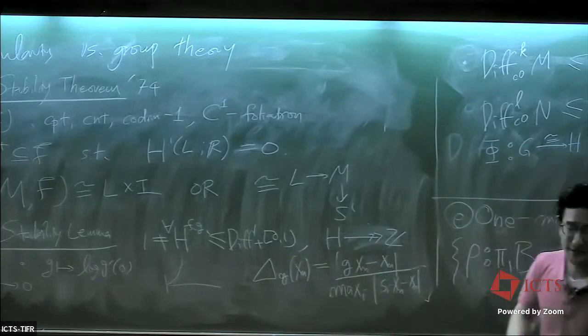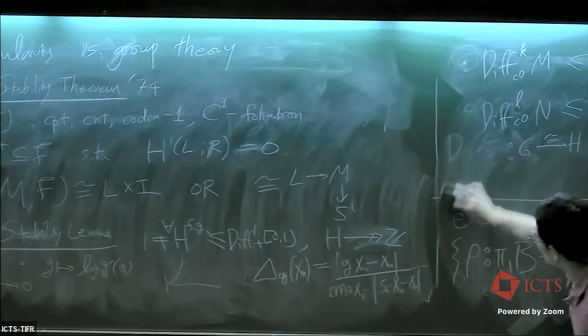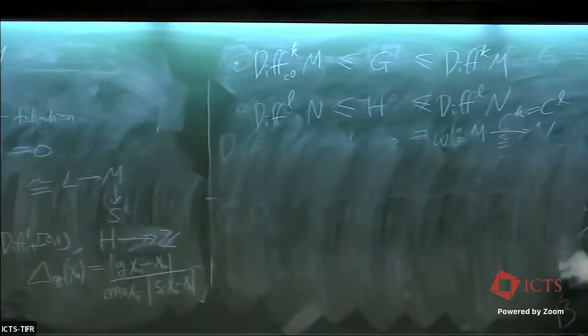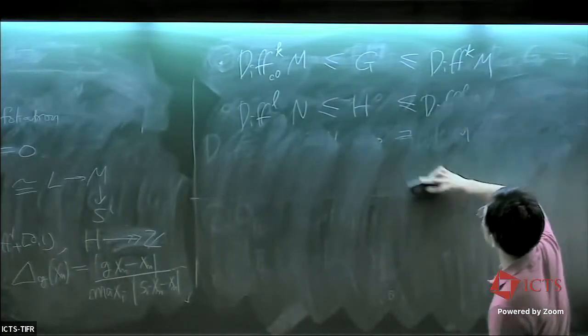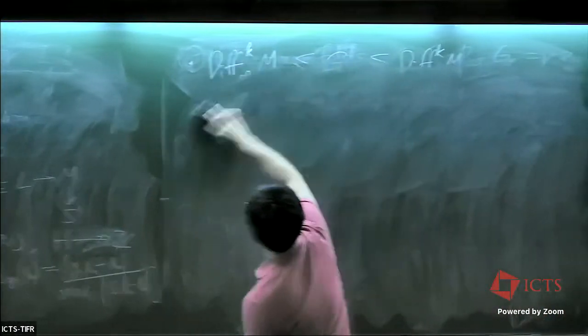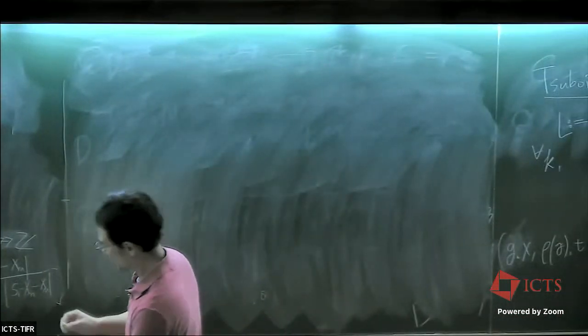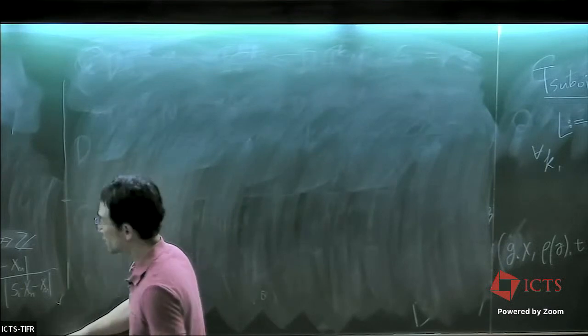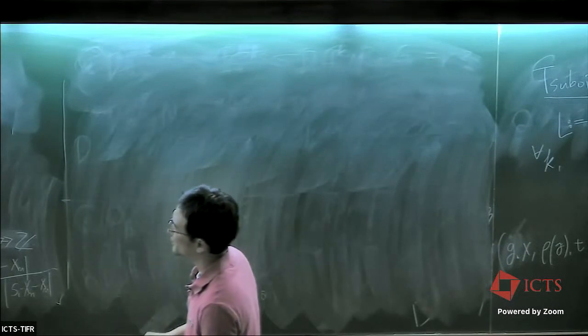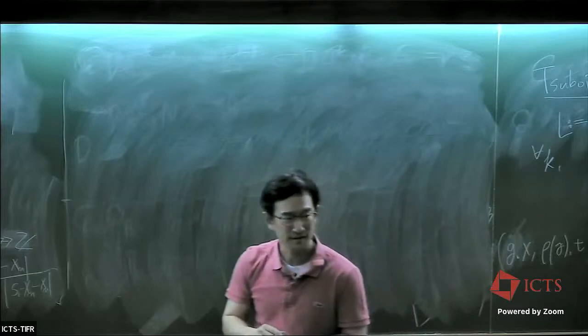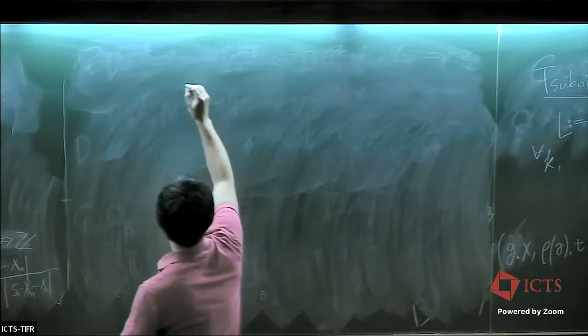So there are counterexamples by Andres Navas that some group can be locally indicable, but not algebraically C1 smoothable. So anyway, Thurston then gave probably the first example of some algebraically C0 smoothable, but not C1 smoothable group.